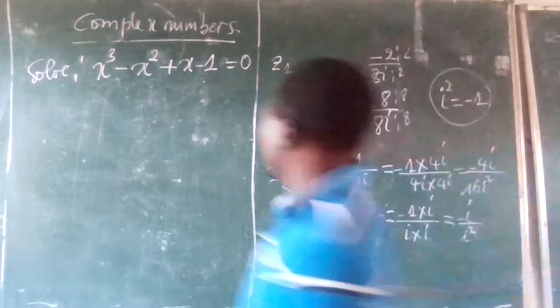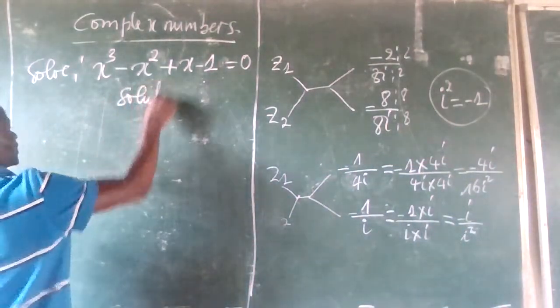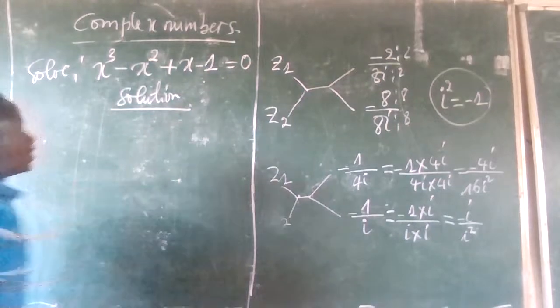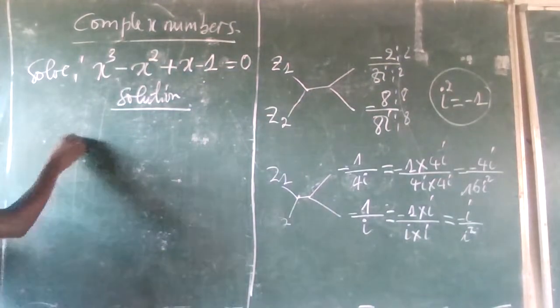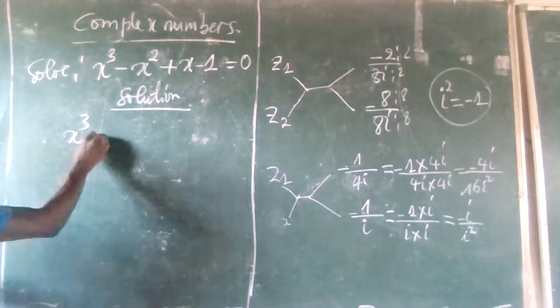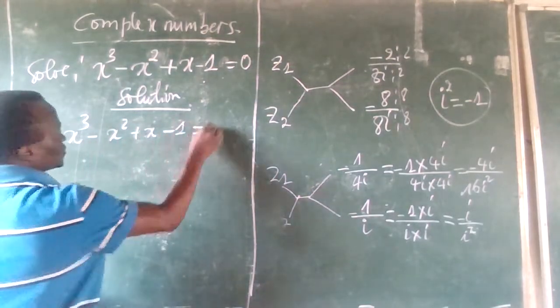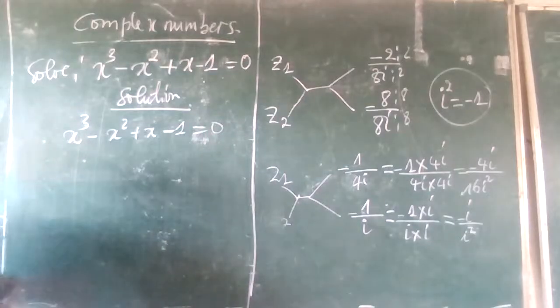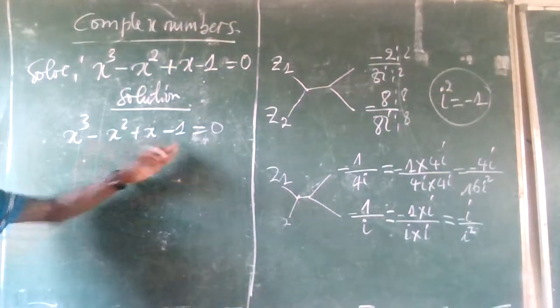Now, we have this question here. So let's find the solution of this equation. It is x power 3 minus x squared plus x minus 1 is equal to 0. If you are given this kind of equation, first of all, what should we do?